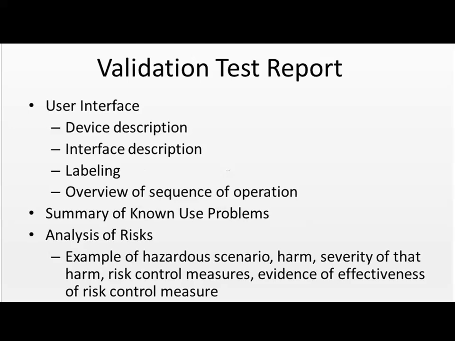You're going to list your summary of known use problems that you developed before and describe your risk analysis, your hazardous scenarios, the harms, the severity, the risk control measures, and your evidence of the effectiveness of risk control measures, your testing that shows that your risk control measures were effective.